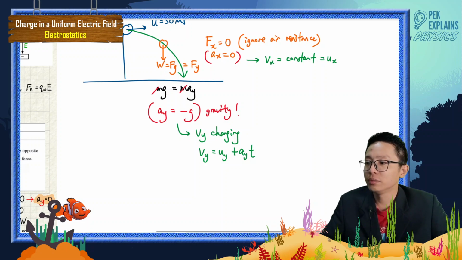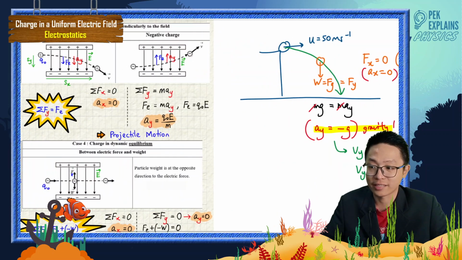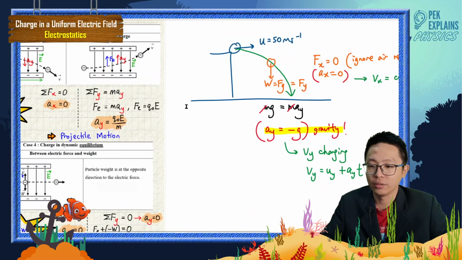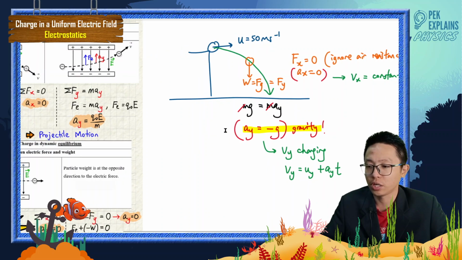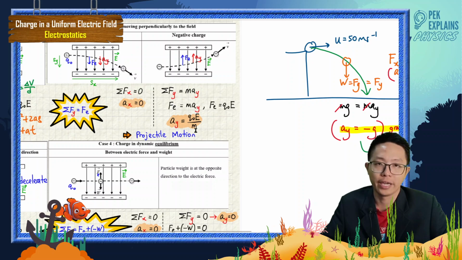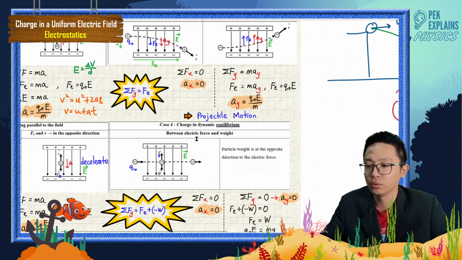So now, last time we talked about acceleration due to gravity. Now is acceleration due to electric field. We no longer talk about gravity. Now negative g we change to Q naught E over M. We use the same method to do.